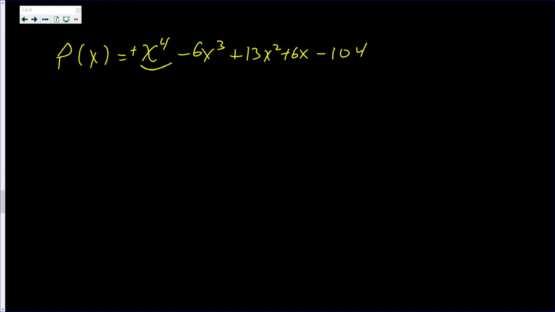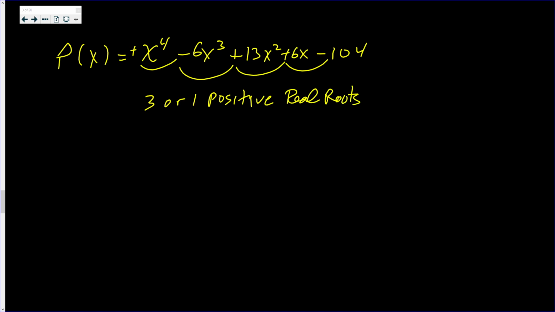Well, you have one sign change, or a second sign change, still only 2. You have 3, you can always decrease by 2, so 3 or 1 positive real roots. There won't be 2 real roots, there won't be 4, there won't be 0, either 3 or 1. Now to find negative roots, replace x with negative x.